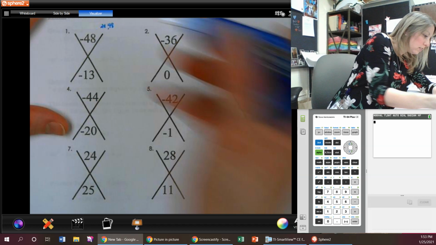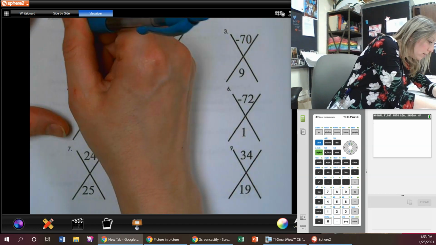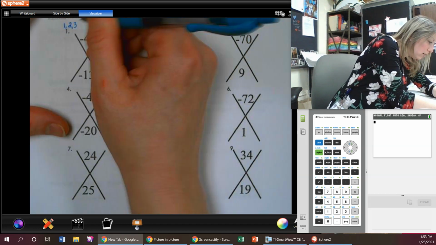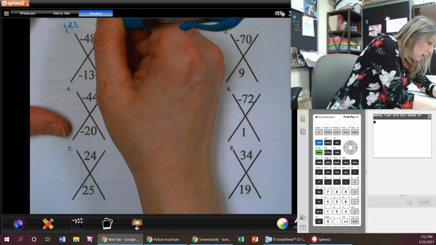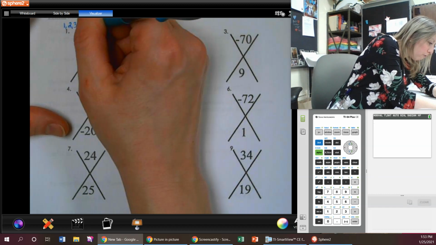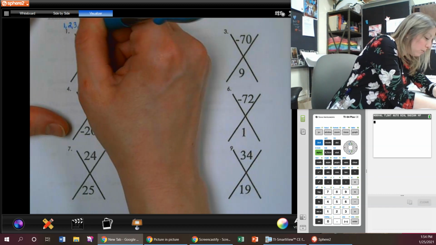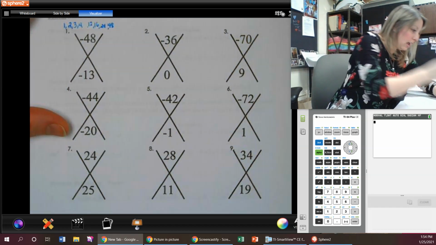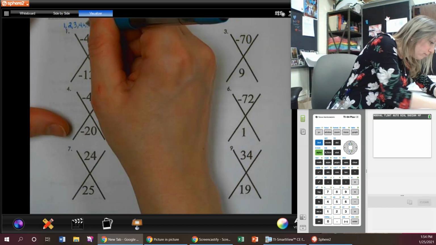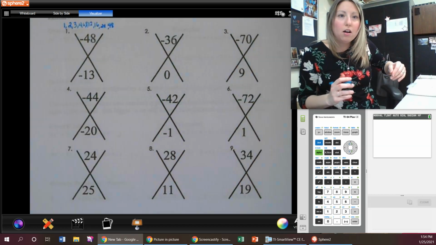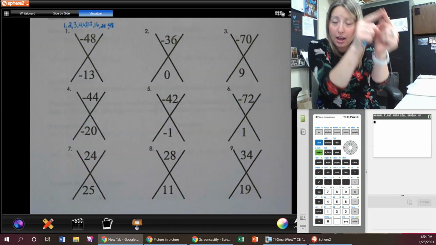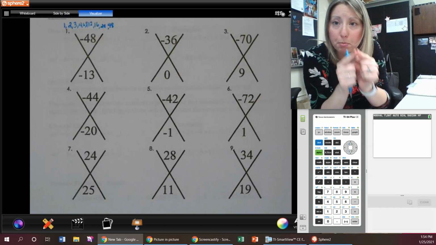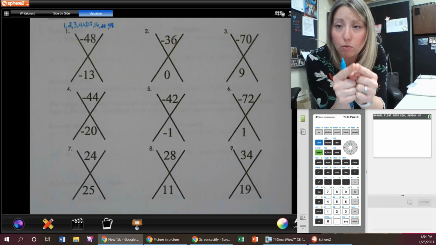I'll leave these guys. 1, 2, 3. And we had 3 and 16. 4 and 12. There we go. A little bit better than 6 and 8, right? But those are our pairs that multiply together to give me 48.